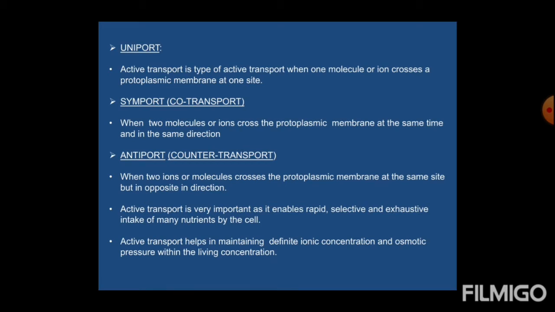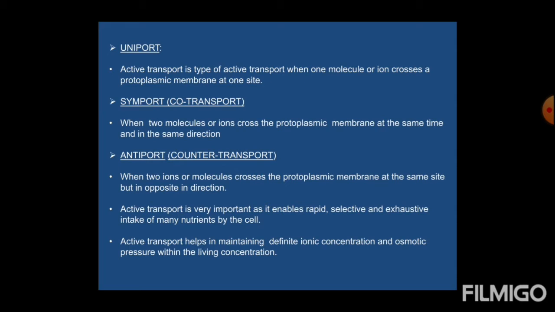Symport, also called co-transport. In this type of transport, two molecules or ions cross the plasma membrane at the same place, at the same time. Again, a simple example: when two children are entering the class together at the same time, it is known as symport.